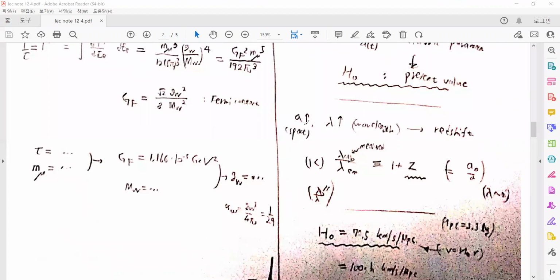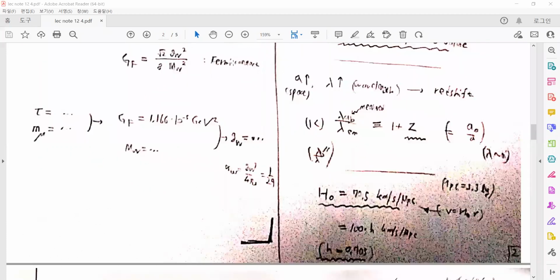So there is cosmological redshift due to the expansion. There is some measured wavelength and some initial wavelength, and we can define the redshift parameter 1 plus z. Because lambda is proportional to a, we can deduce the redshift parameter just from the scaling factor.